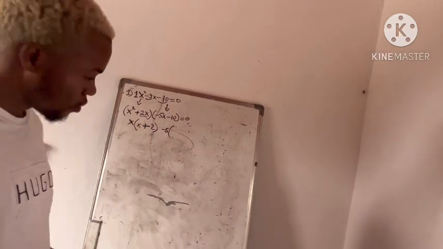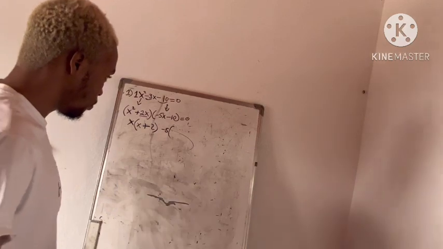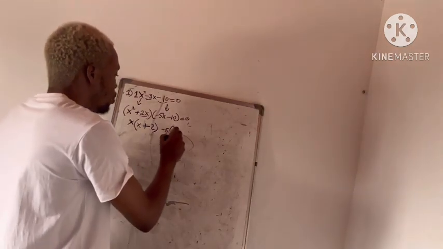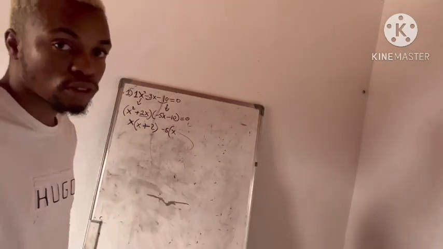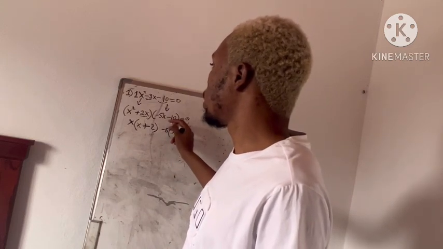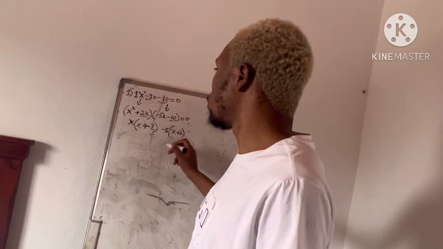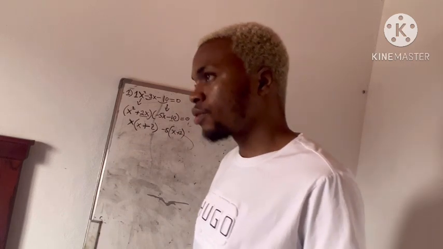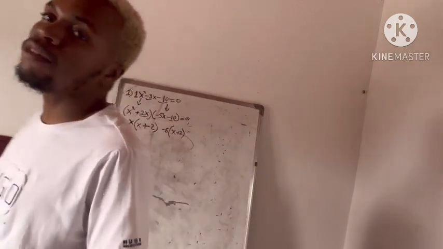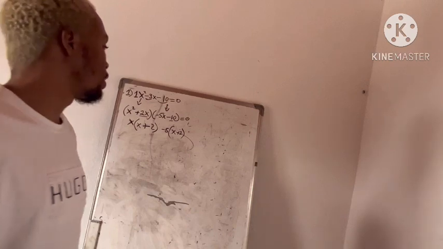Now, minus 5 times x is going to give you minus 5x, and minus 5 times 2 is going to give you minus 10.